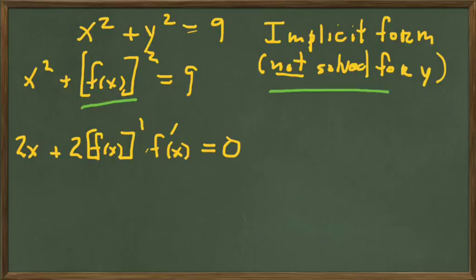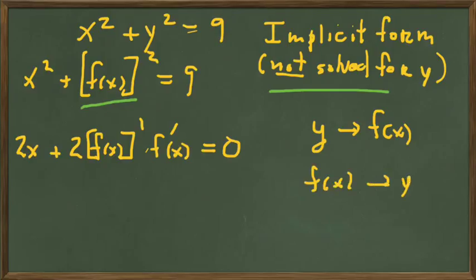And now we're going to go backwards. So note that we first changed y over to f of x. Now we're going to go back and we're going to change f of x back to y, and we're going to change our f prime of x to a notation that we haven't used before, y prime.